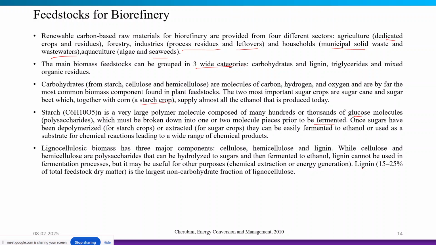The lignin, which is almost 15 to 25% of the total feedstock dry matter, is the largest non-hydrocarbon fraction of the lignocellulose.